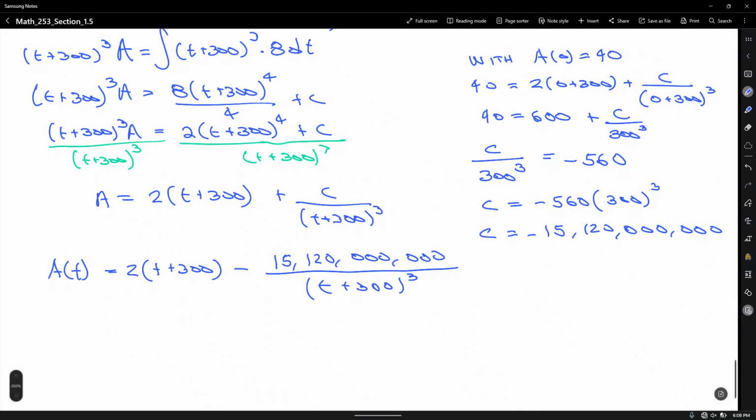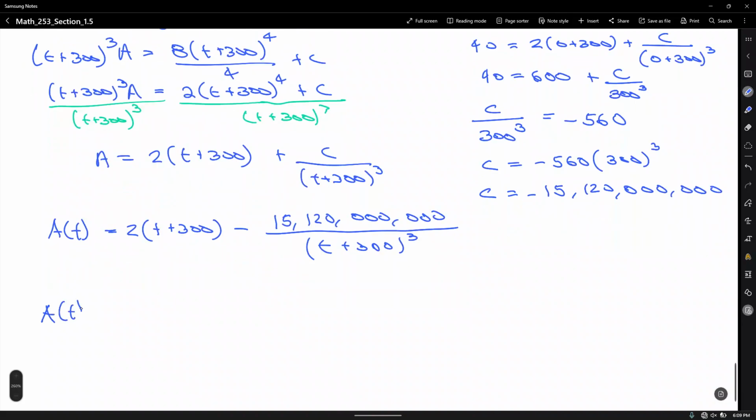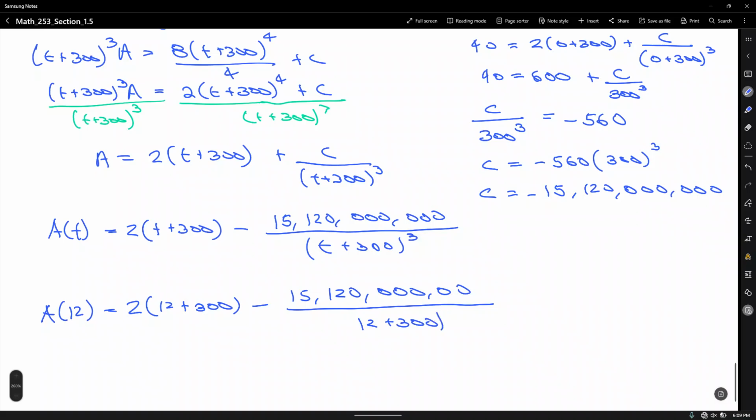Now we're ready to answer the question, finally. They're asking us the amount of salt after 12 minutes. So A of 12 equals 2 times (12 plus 300) minus 15 billion 120 million over (12 plus 300) cubed.